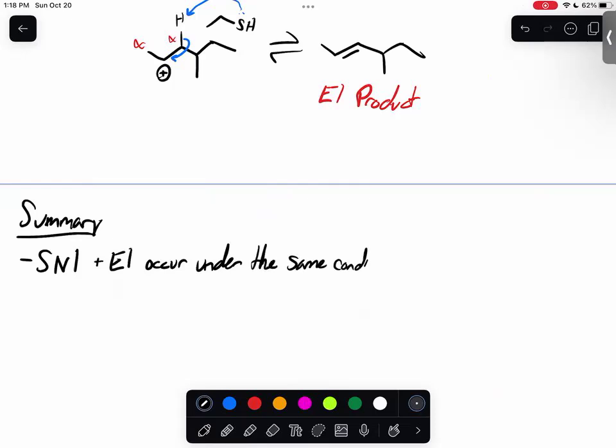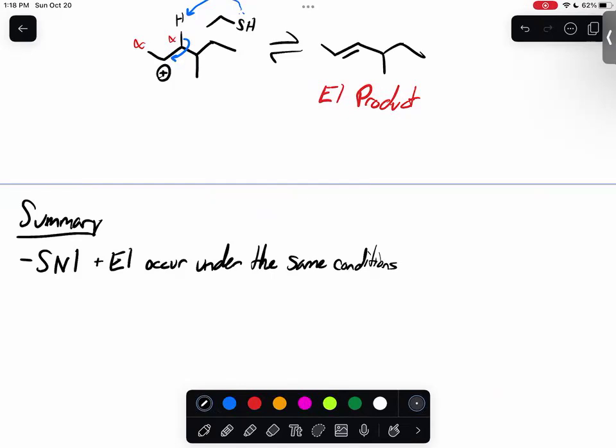So anytime you're asked about a reaction that includes SN1 or E1, you are essentially going to have to draw both products, right? You will not be allowed to just draw one unless there is a specific situation where one is not even possible. Okay?